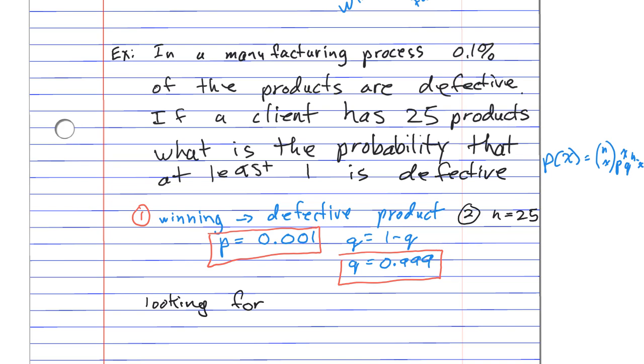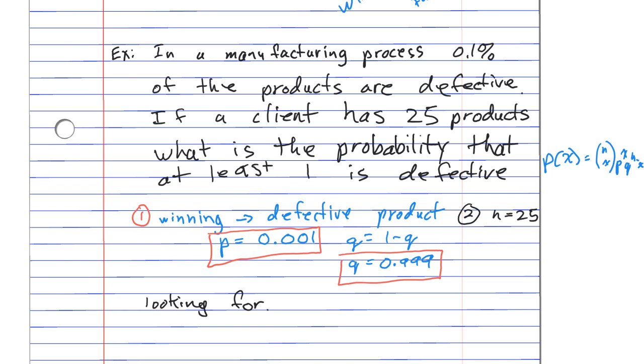Now, we can save time by finding the probability of one product with this formula, and then 2 products, and then 3 products, and then 4, all the way up to 25. Or we can do something crazy. We can do the opposite of that, i.e., we can take 1 minus the probability of none being there to get the total. So we're going to use the indirect method.